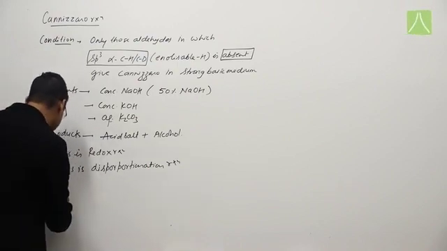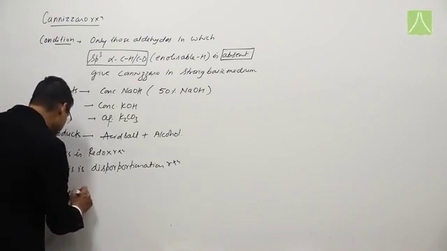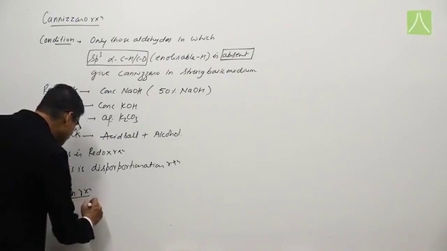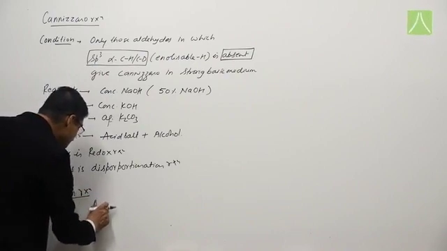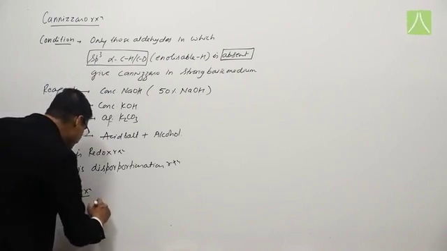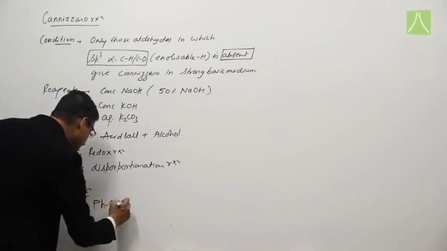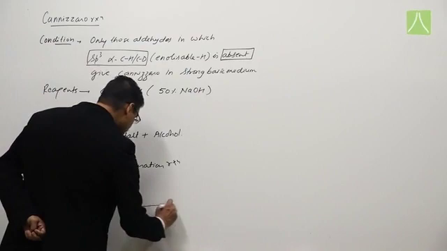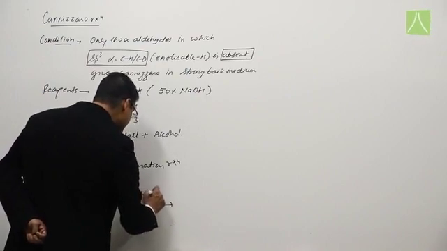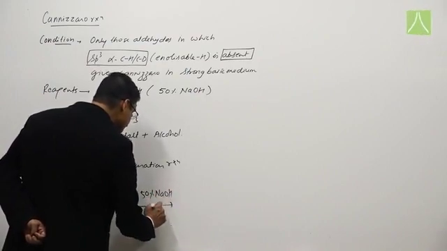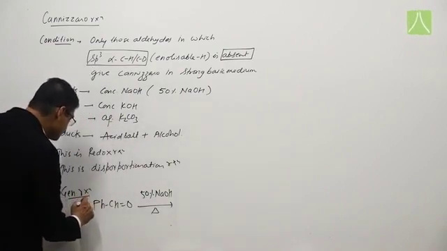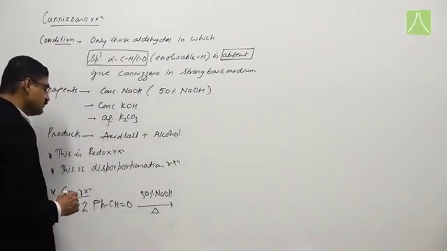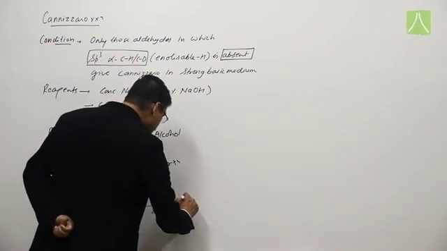Now the general reaction. Suppose I take an aldehyde like PhCHO, in which sp3 alpha H is absent. On reaction with 50% NaOH on heating, suppose I take two molecules to balance the equation.